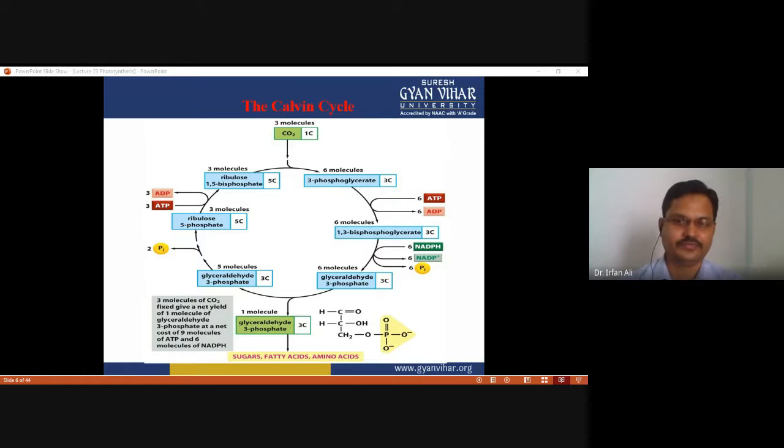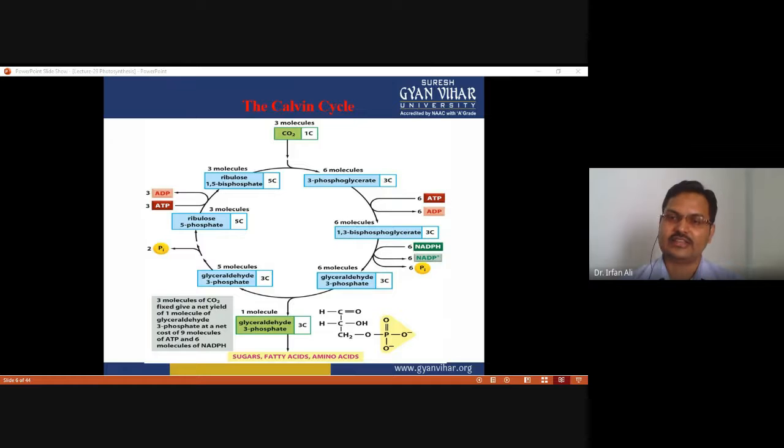Now in the next step, these six molecules of 3-phosphoglycerate utilize six molecules of ATP. You already know that when ATP is utilized, it converts into ADP.